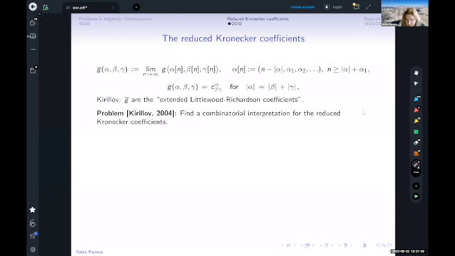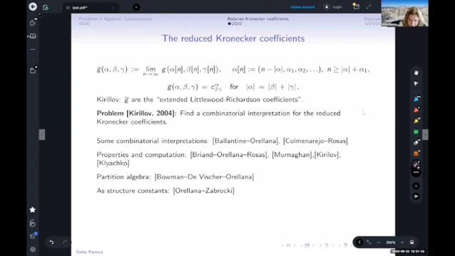And he stated it as a problem almost 20 years ago to find a combinatorial interpretation for the reduced Kronecker coefficient. Of course, if we had a combinatorial interpretation for the Kronecker coefficients, by this formula that would be done. But this is something special, maybe these are going to be easier, and maybe we can find the combinatorial interpretation for them more easily than for the ordinary Kronecker coefficients.